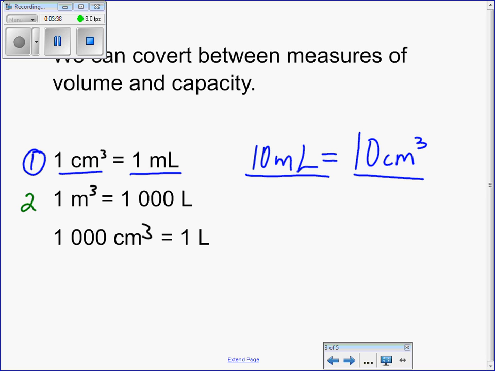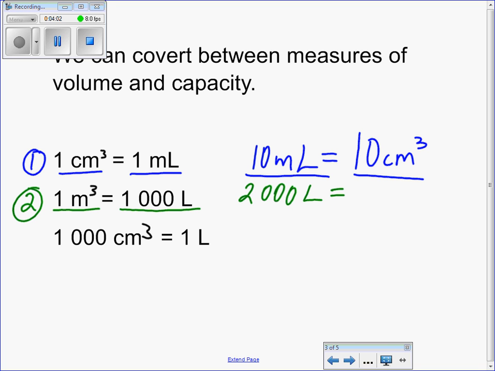The second conversion I'd like you to write in your notebook is 1 meter cubed is equal to 1,000 liters. So in our same example, let's say I'm measuring out 2,000 liters of water to fill a small, say, a kicking swimming pool or a child swimming pool.